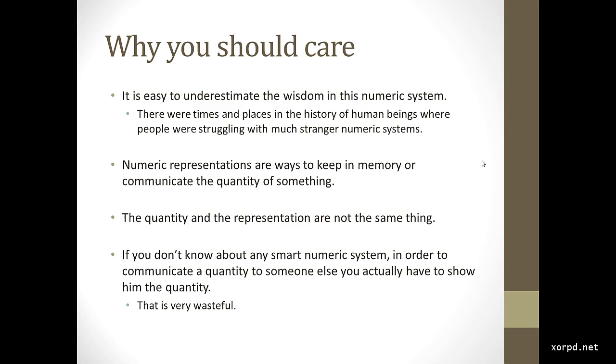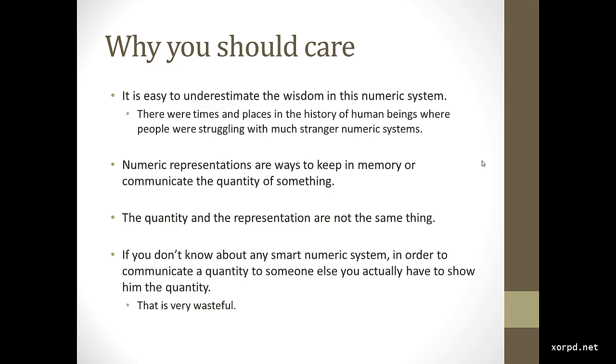It is pretty amazing. Another important thing to note is that the quantity and the representation are not the same thing. Some people mix those two things because they only know of one representation for numbers. They only know the decimal system. So they have a problem separating the idea of the actual quantity and the representation.